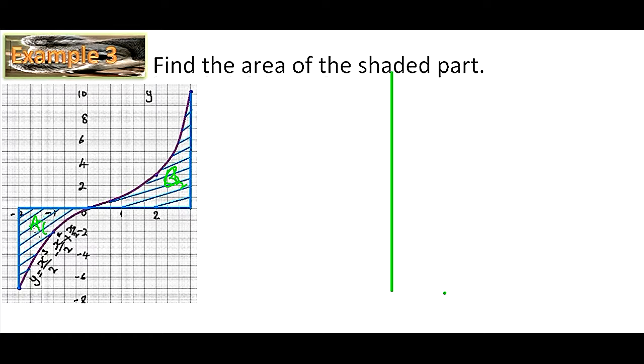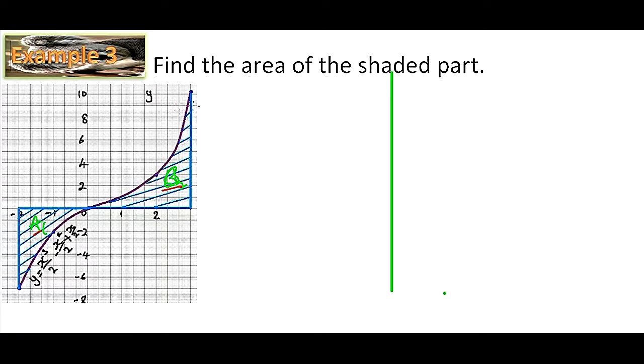So one area, that is A, is under the x-axis, and therefore that area, when we integrate, you get a negative, and the other area is above the x-axis. So we require to work out each individual area and then we add.